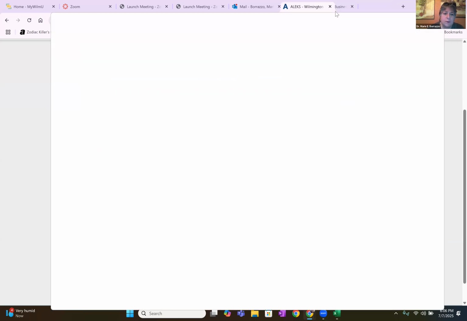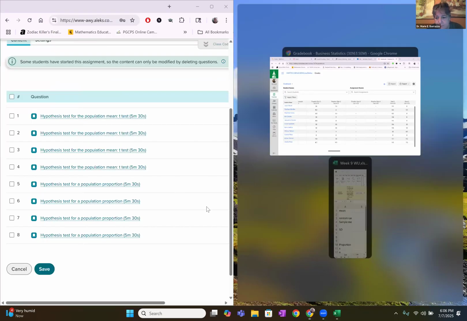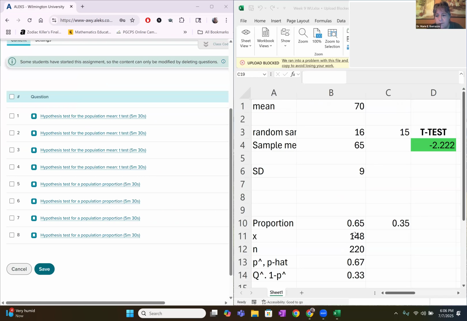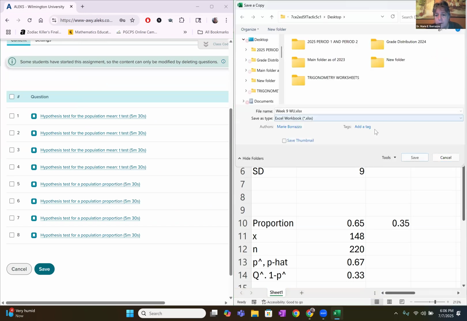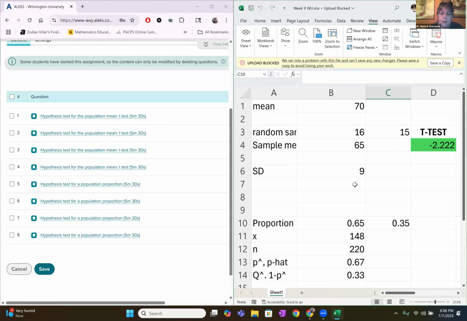So let me make the screens one size over here. All right, so here we are. This is a hypothesis test for the population mean for this example.